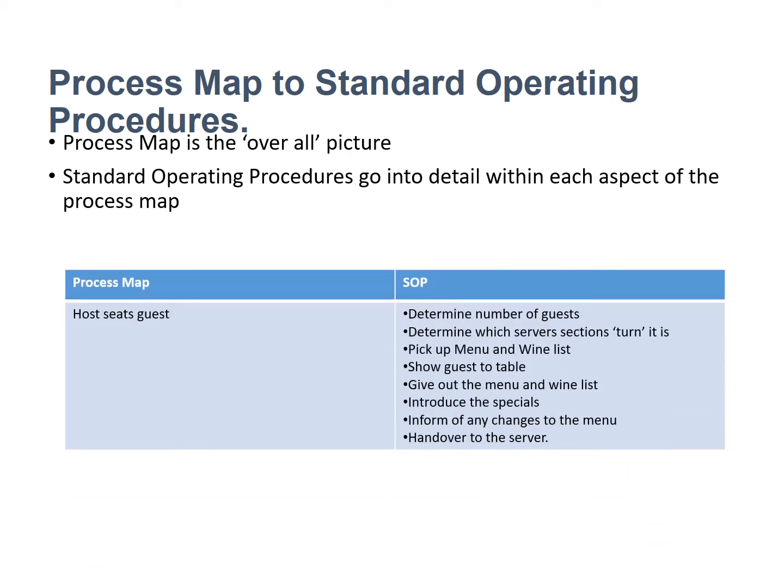So if we look at the process map in terms of the host seats the guest, the SOP in this instance might be: first, determine the number of guests, determine which service section's turn it is, pick up the menu and wine list, show the guest to the table, give out the menu and wine list, introduce the specials, inform of any changes to the menu, and hand over to the server.